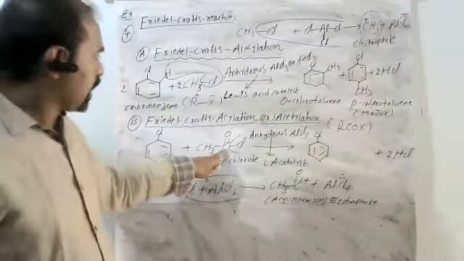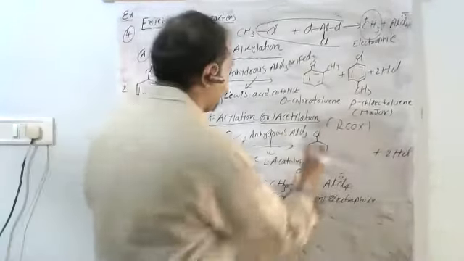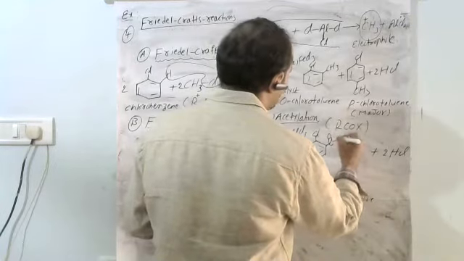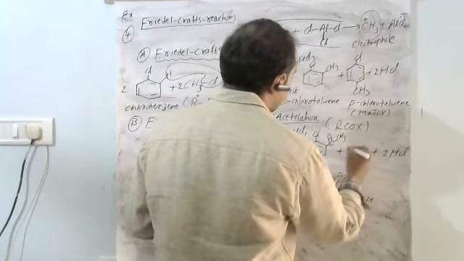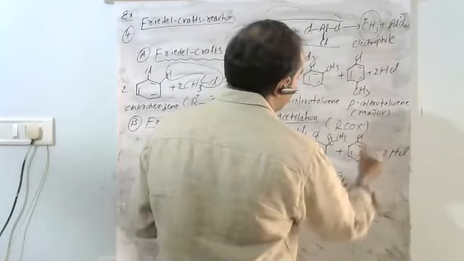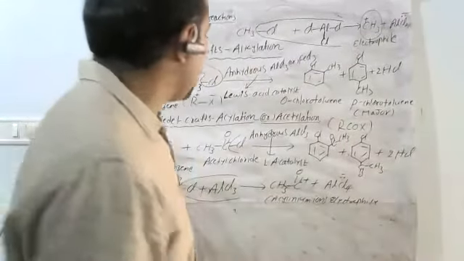Now this carbon gets a positive charge, so COCH3 is bonded on this carbon, at the ortho position and at the para position.